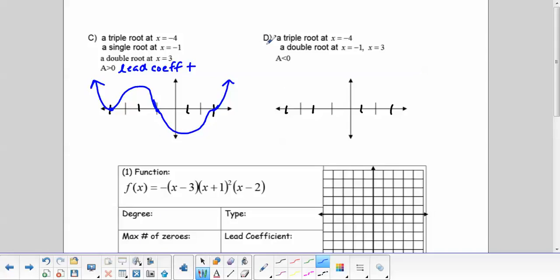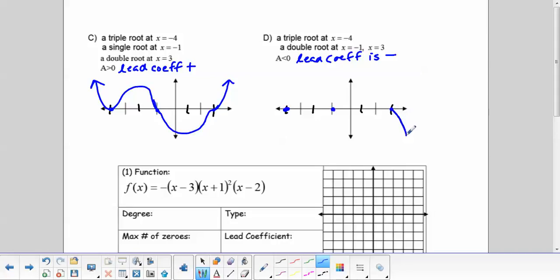Okay, for D, -4, -1, 3, and a is less than 0. That's your lead coefficient, so your lead coefficient is negative. That means on the right side we're going down, and let's see, it's a triple root.